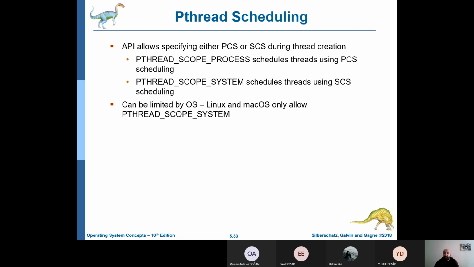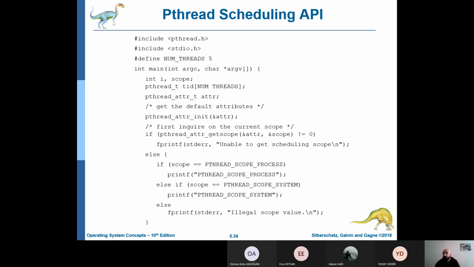Pthreads identifies PTHREAD_SCOPE_PROCESS and PTHREAD_SCOPE_SYSTEM. Using that, we can set the attributes of our thread, and based on that, we can choose how we are going to schedule the thread we already created using the pthread API on the POSIX library. And here we have an example.